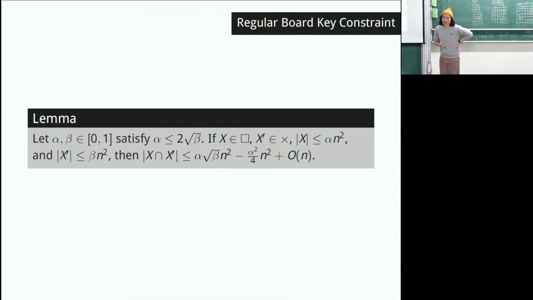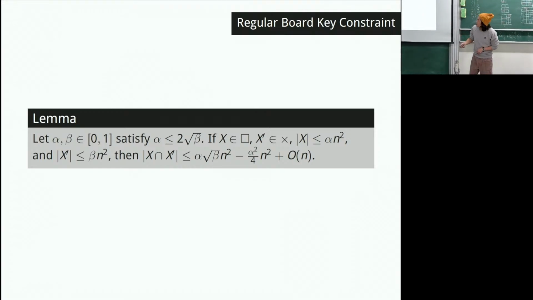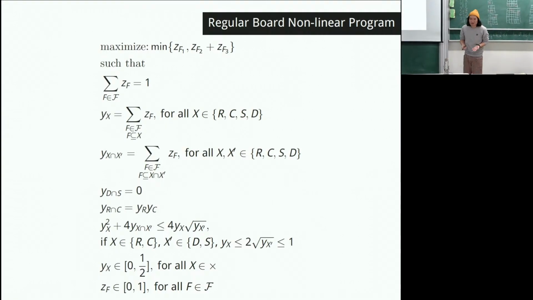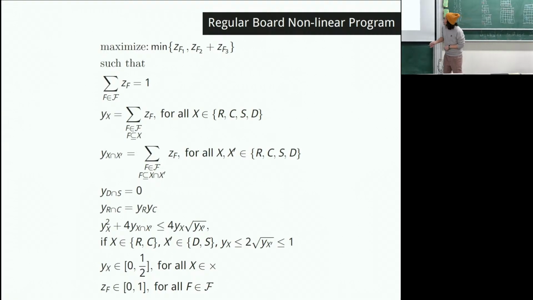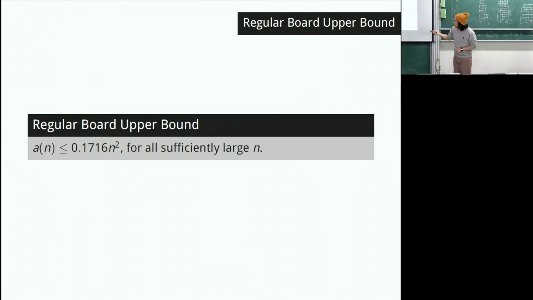The regular board is even more complicated because the diagonals don't all have the same length. But there's a key lemma that we prove, a human proof. You don't have to read it, but this lemma proved by humans implies a constraint you can add to the nonlinear program. It is this constraint here. So it's the exact same thing, and we just feed it into a computer, and the computer spits out 0.1716, okay?